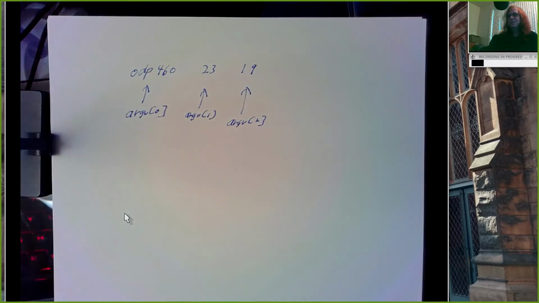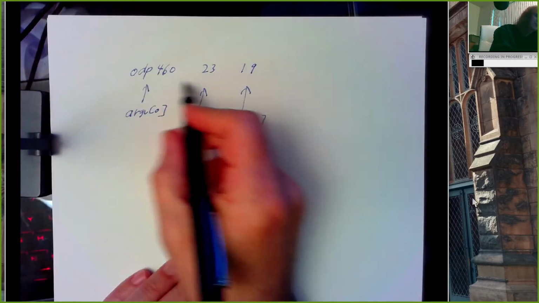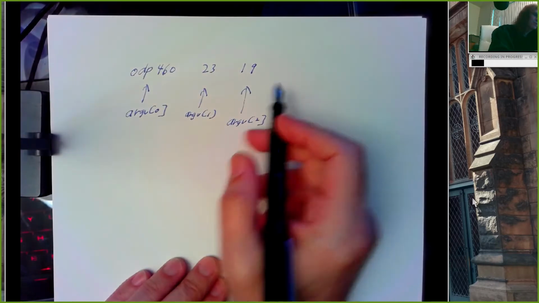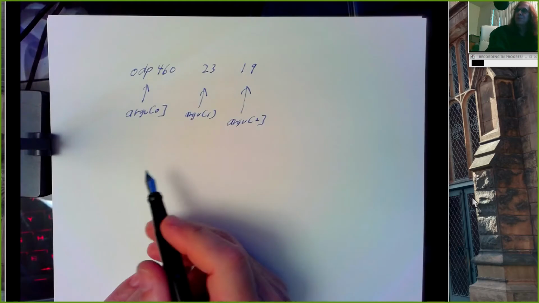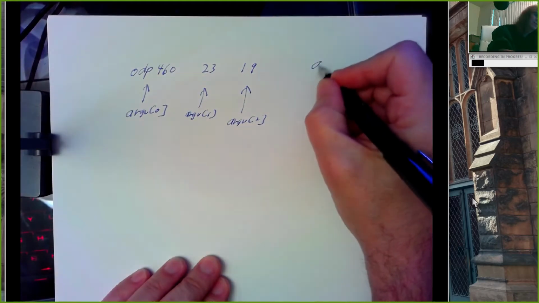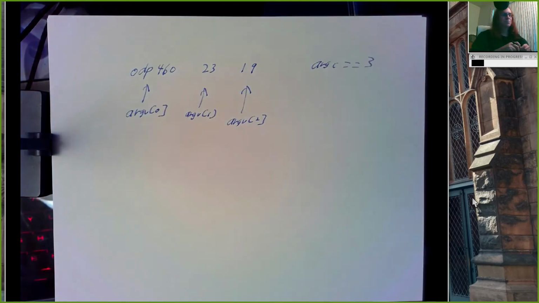Remember, we never want to use argv unless we check argc first. So what are we checking for here? Well, if this is the way that the person runs the program, ODP 460 followed by two things, there's a total of 1, 2, 3 things on the command line. Argc will be equal to 3. So the very first thing you can do is check argc.